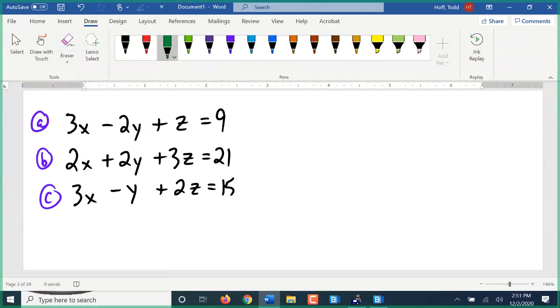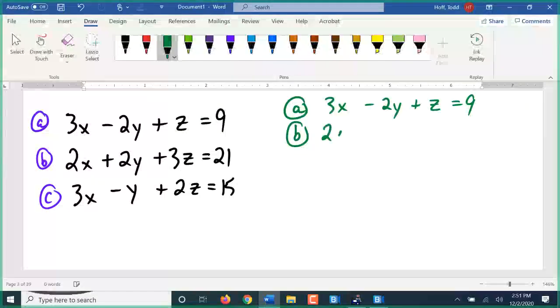So what I'm going to do is combine here A and B. A is 3x minus 2y plus z equals 9. B is 2x plus 2y plus 3z equals 21. Now you'll notice here, I have a negative 2y and a positive 2y. The y is going to disappear.